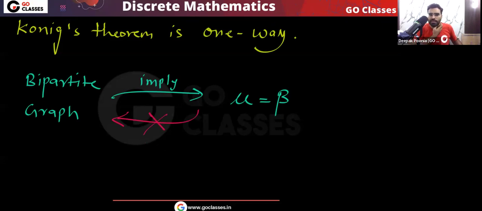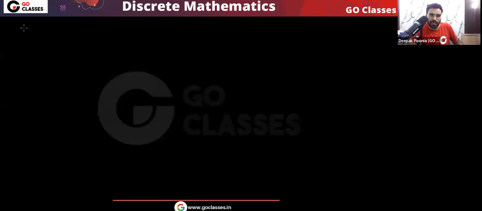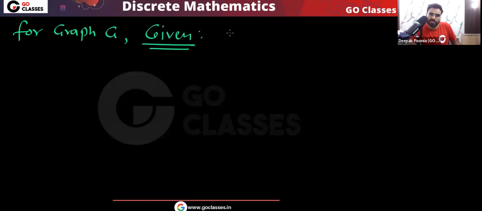Here in this TIFR question, mu is equal to beta. Yes or no? Because M is a maximum matching, we have already found. C is a minimum vertex cover, we have already found. And it is given that the size of M is equal to the size of C. So for graph G, it is given that mu is equal to beta.